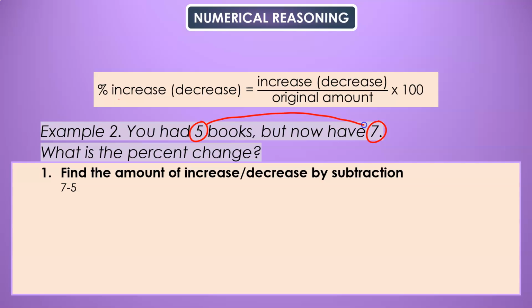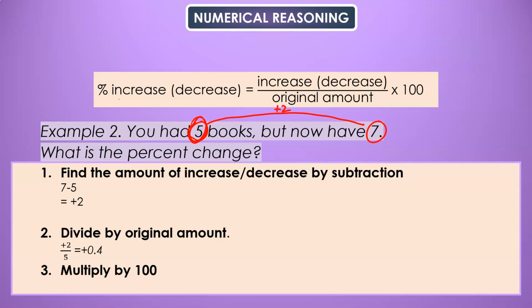So I have plus 2, by going 7 take away 5. But what percentage is that increase? Divide by the original amount. I started with 5, so plus 2 divided by 5 gives me 0.4. Third step, multiply by 100, which gives me 40%.